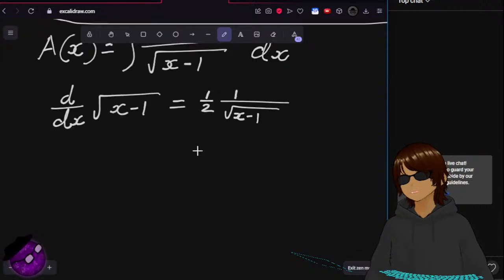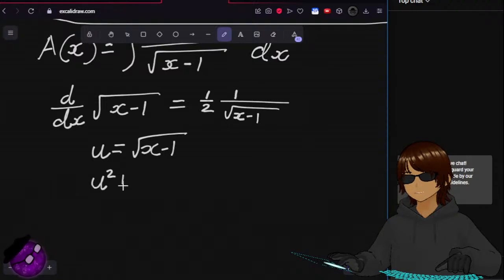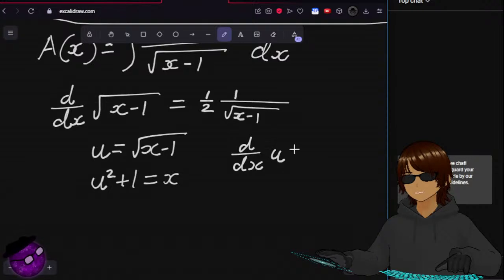Wait, hold on. Hold on a minute. If I do u is equal to root x minus 1, then u squared plus 1 is equal to x, right? And the derivative of u is equal to 1 over 2u.